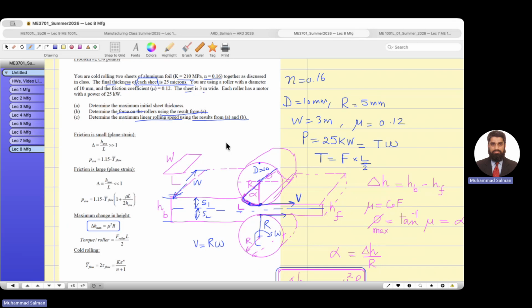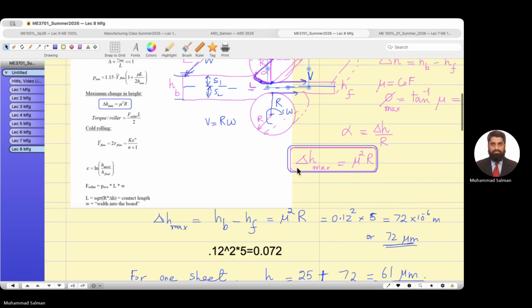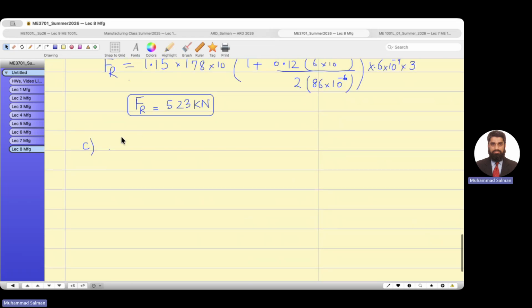Okay, now let's grab this formula and this information and use it for our calculation. Let's find the torque, and then from torque you will find omega.